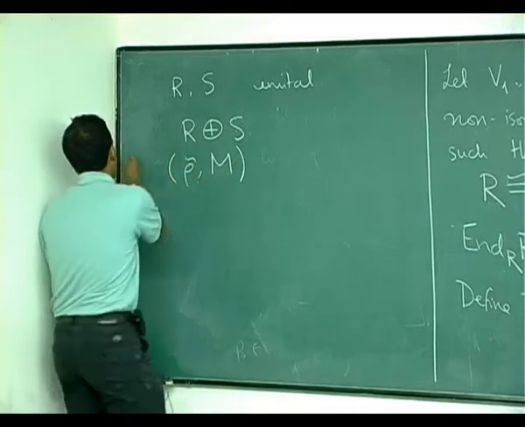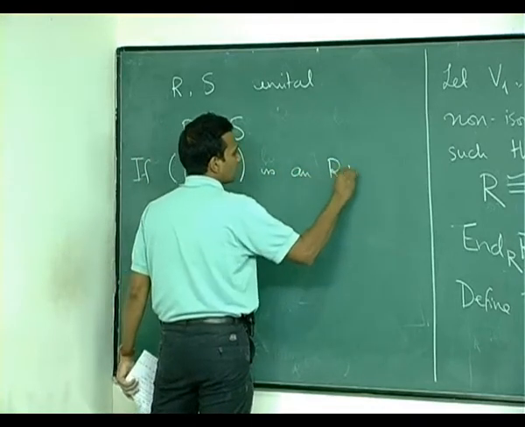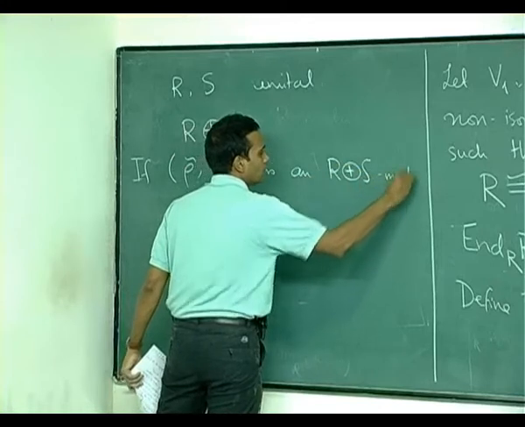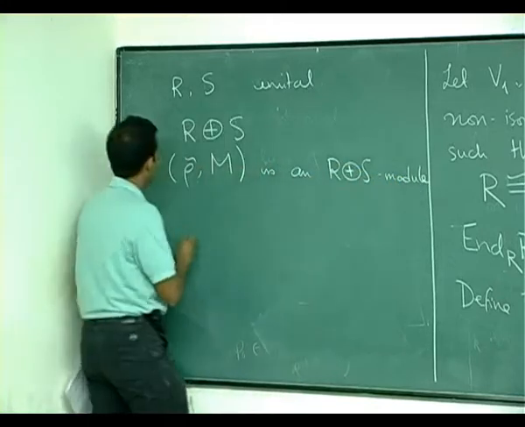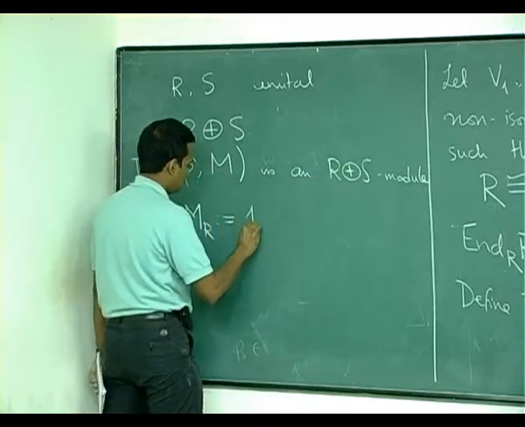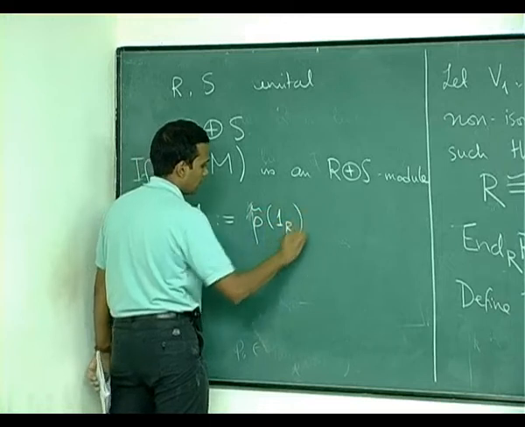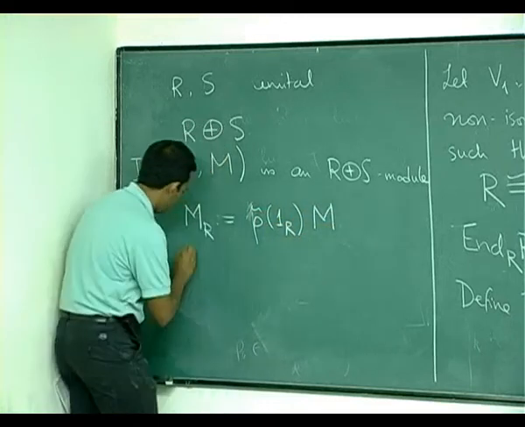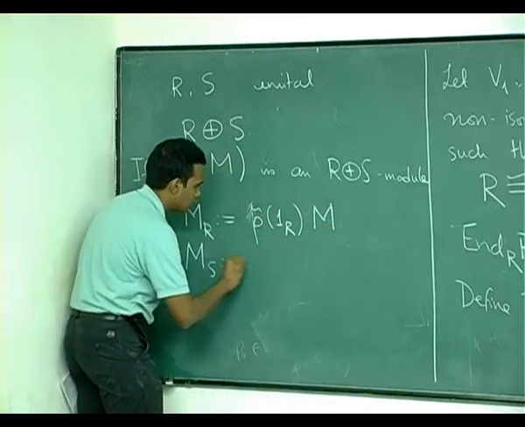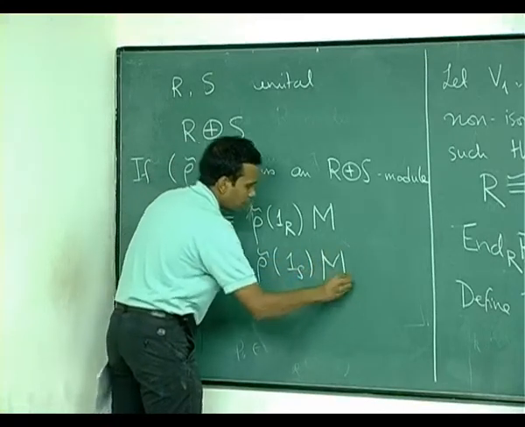You look at M_R, which is defined as rho tilde of 1_R applied to M, and M_S, which is rho tilde of 1_S applied to M. So take the unit.